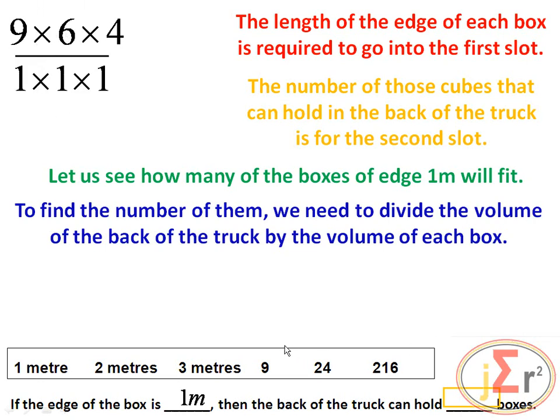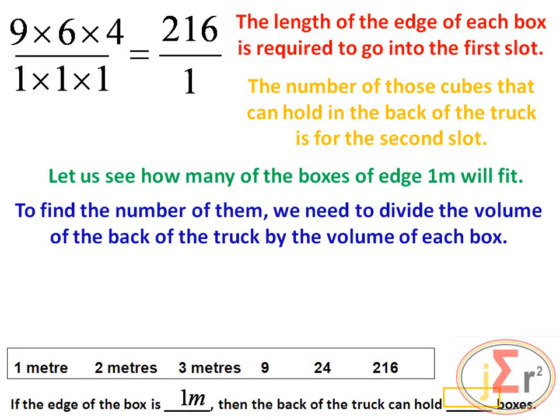Now, instead of writing 216, we are doing it like this for reasons that will be obvious when we take a look at the boxes of other dimensions. So we have the dimension 9 by 6 by 4 to be divided by the dimension of the box.